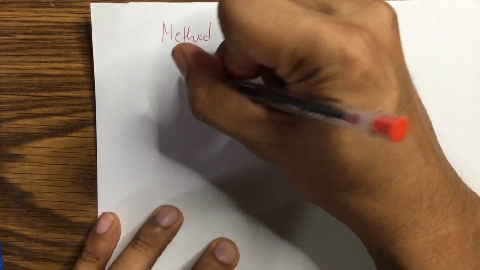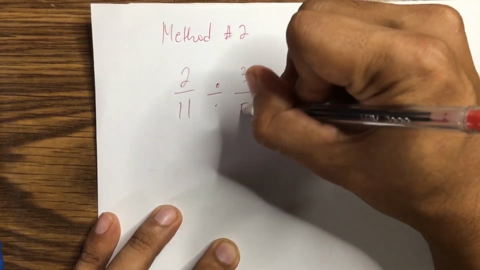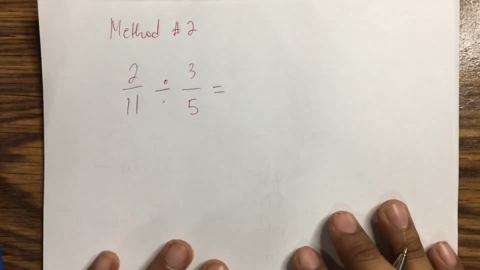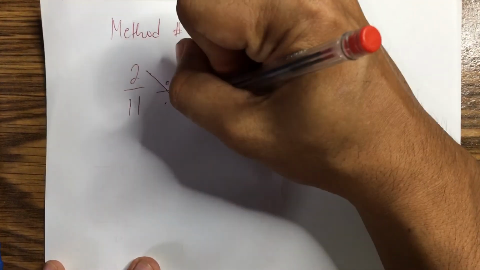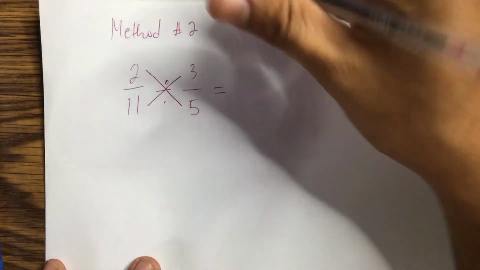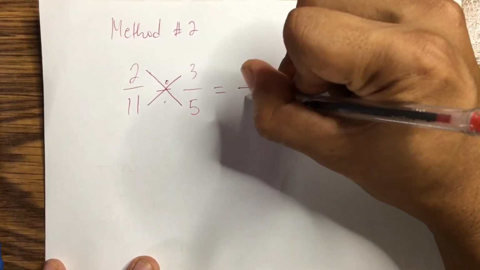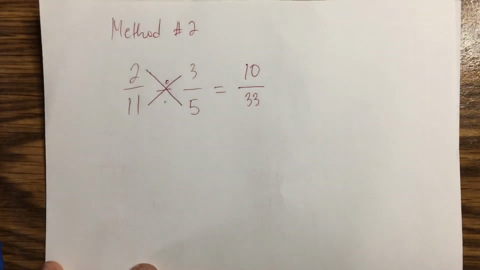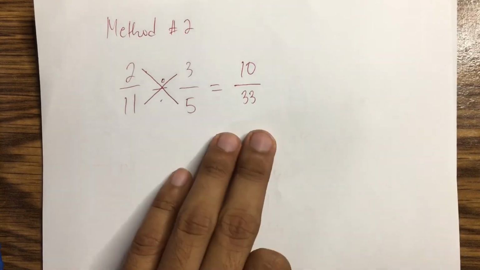The same given, we have 2/11 divided by 3/5. This is what you call cross multiplication. Multiply 2 times 5 and 11 times 3. So 2 times 5 is 10, and 3 times 11 is 33. They have the same answer as our first method, 10 over 33.